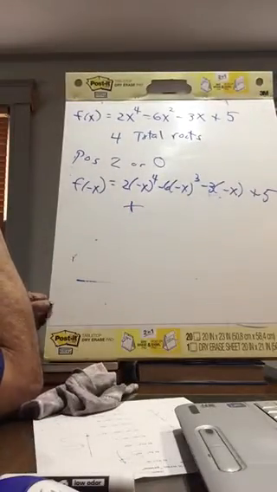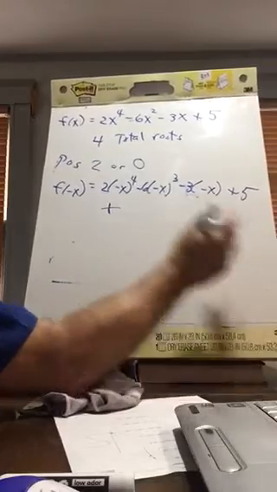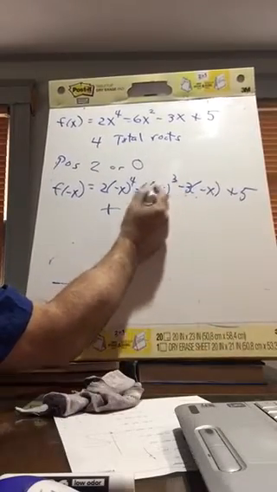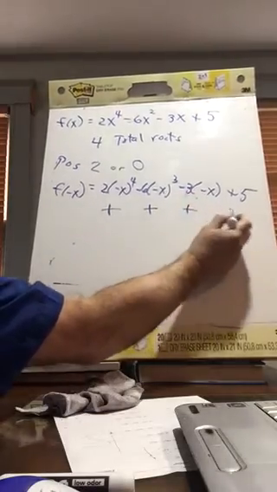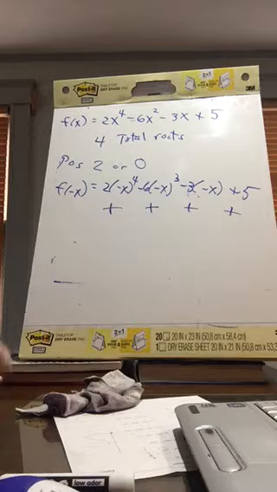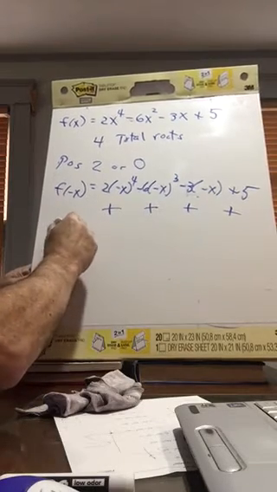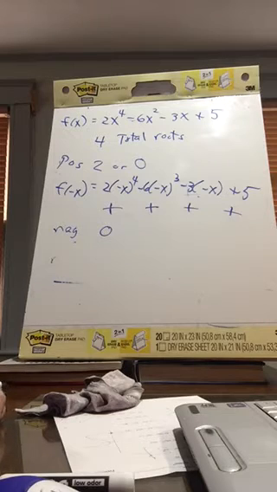I only care about the positive and negative. And then a negative cubed is a negative times a negative is a positive. Oh, not interesting. No negatives again. Yeah, no sign changes are negative.